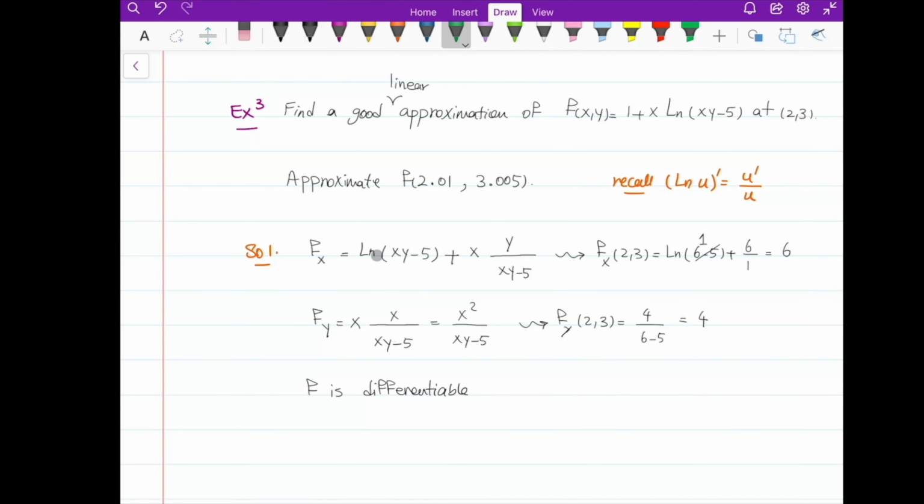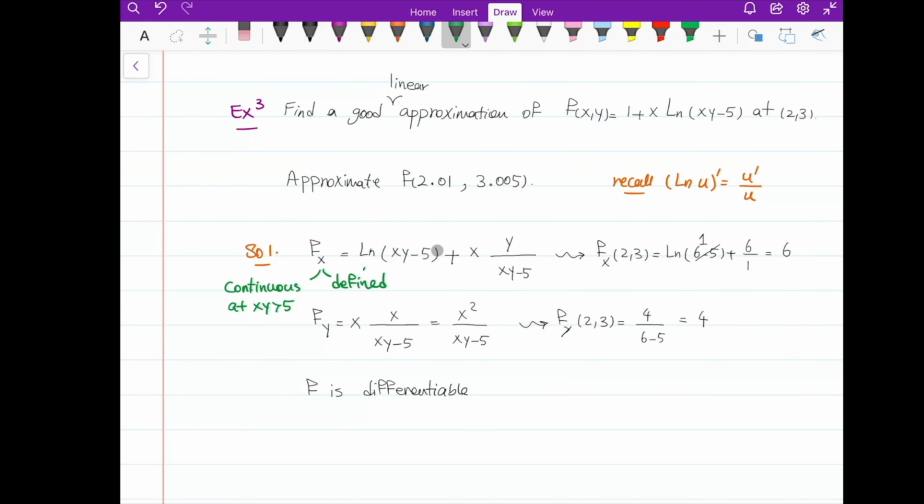fx has this formula. So fx exists at the point (2, 3). I got a number, so it exists, it's defined. And is it continuous? Yes, if xy inside the natural log is greater than 0. So it's continuous at xy greater than 5.